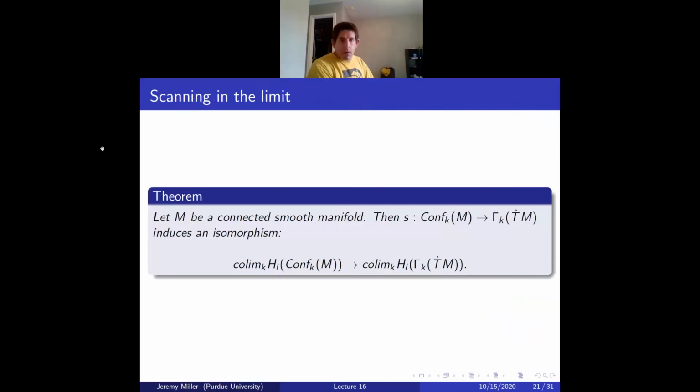Okay. Yeah. So there's a theorem. I guess I'm missing the hypothesis that the manifold is non-compact, but the theorem is that the scanning map induces an isomorphism in homology groups in the limit as k goes to infinity. I'll remind you what colimit means later.